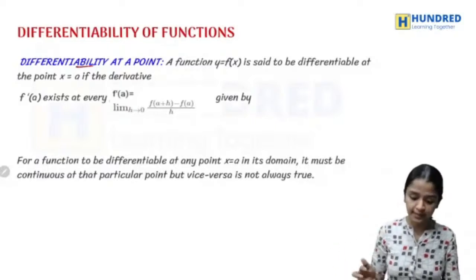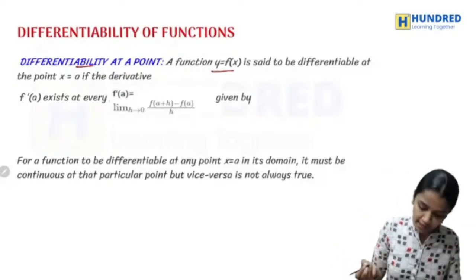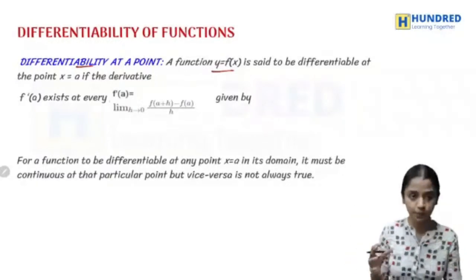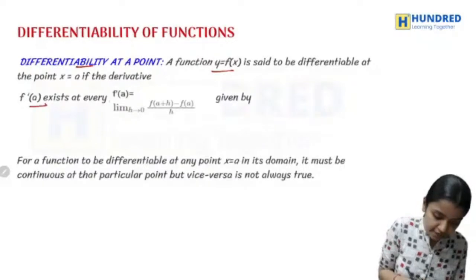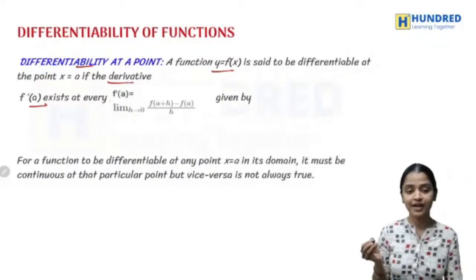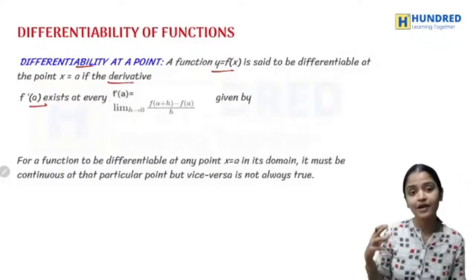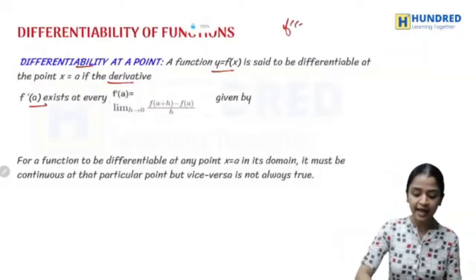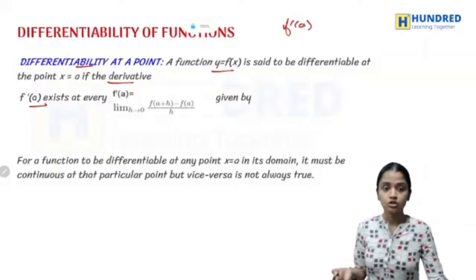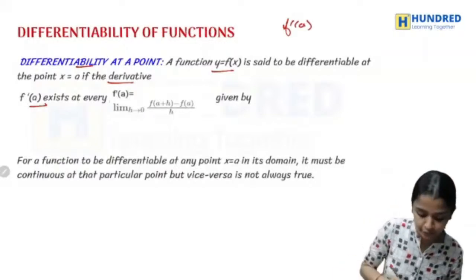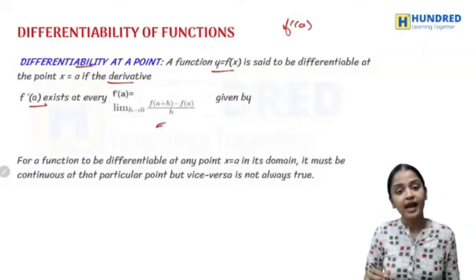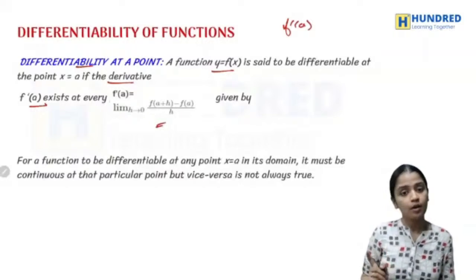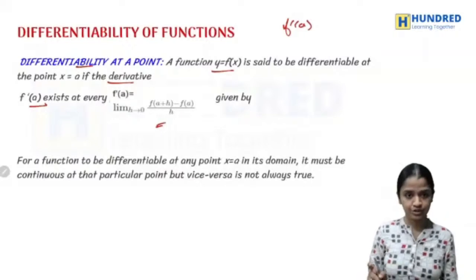You say a function f of x is differentiable at a particular point if the derivative f dash of a exists. f dash of a can be found by limit h tends to 0, f of a plus h minus f of a by h, okay?